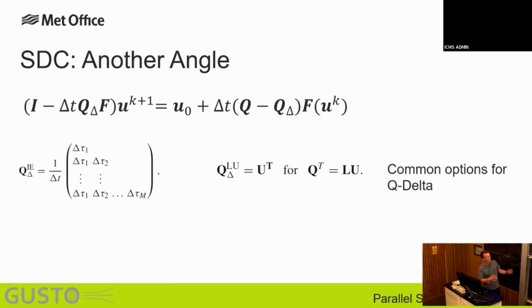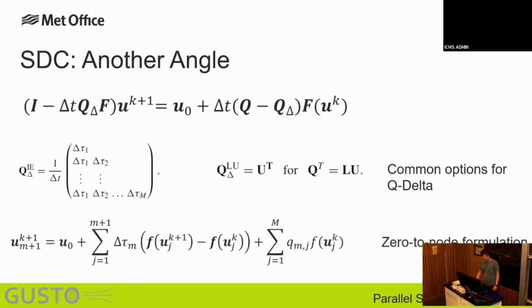So if you're doing implicit, you can use the implicit Euler Q delta matrix, or you can use this LU trick, LU factorization, which is quite fast. And in the 0 to node formulation, it's u n plus 1, k equals u0 or un, and you've got a sum up to n plus 1 here because it's implicit, and your correction.